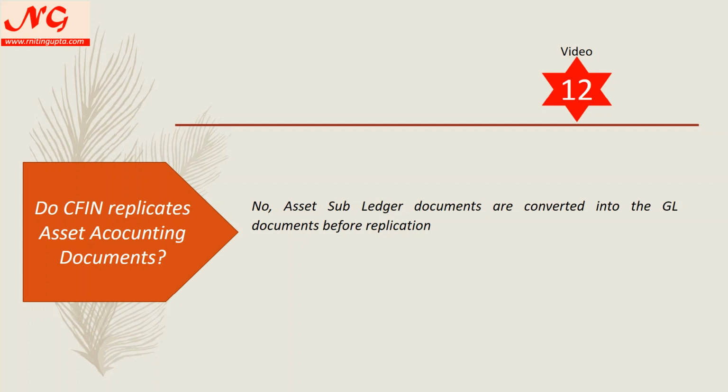The way it works is, for example, if you purchase any asset in ECC, your accounting entry would be: you debit the asset and you credit your vendor or cash. But when it comes to central finance, it does not debit the asset. That's a difference.